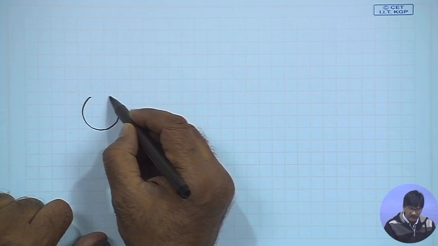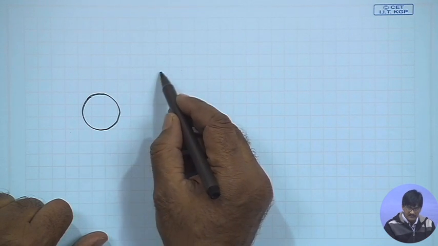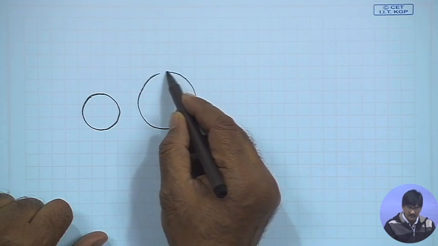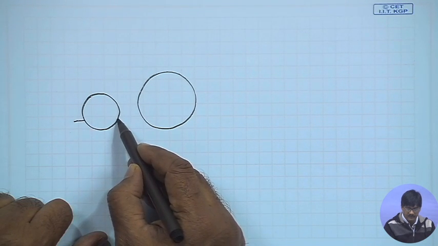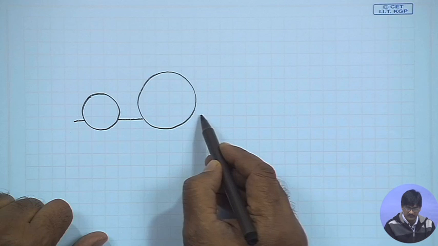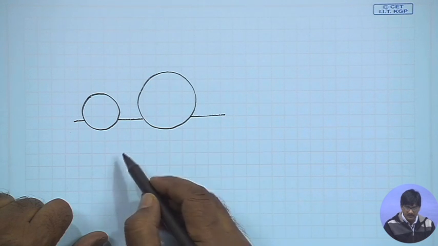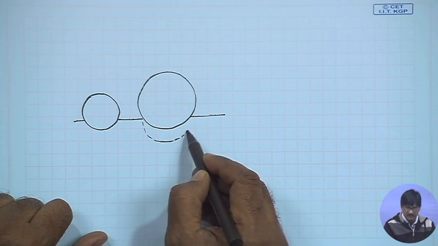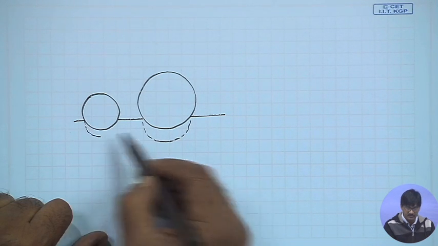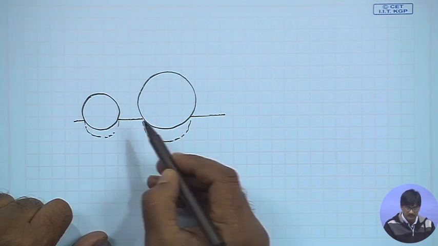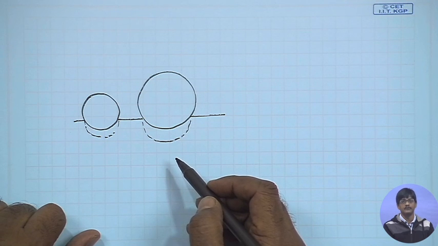This is one grain, this is another grain, and the corresponding roughness that it will produce will correspond to the crater size. So, this one will produce this particular crater, and this will produce this particular crater, of course, on brittle materials.